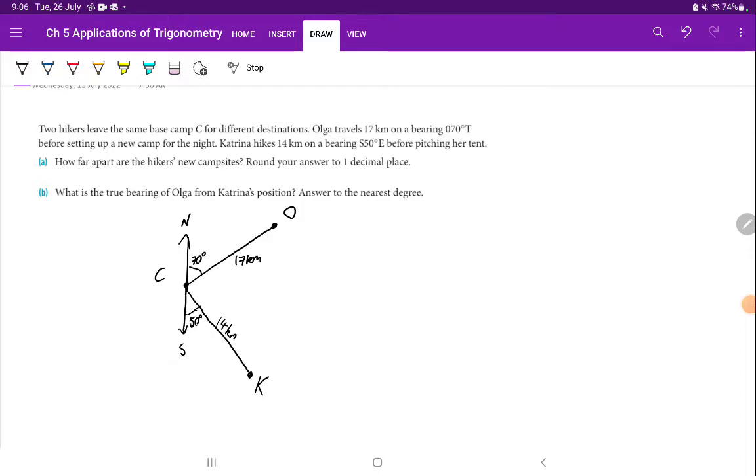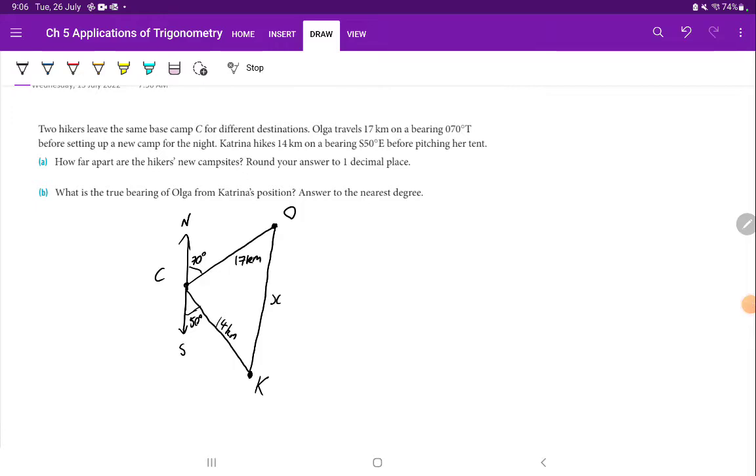Let's call that K. And it says, how far apart are the hikers' new campsites? So draw a line from one hiker to the other, and we want to find out this side right here. So we want to find out how far apart there is from O to K at side X.